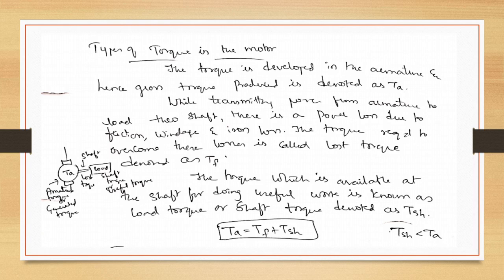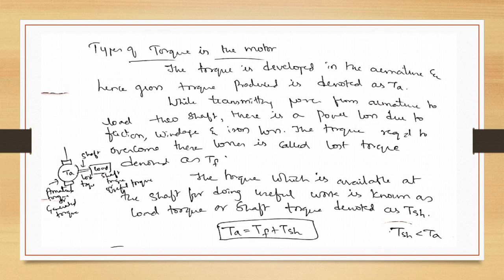Now this armature torque is addition of lost torque and shaft torque, and always this shaft torque is less than armature torque, of course, because some amount of torque is getting lost in between. So the torque which is developed in the armature is called as gross torque, that is denoted as TA, and while transmitting power from armature to load through shaft, there will be some power loss due to iron losses, friction and windage losses, and torque required to overcome these losses is called as lost torque, which is denoted by TF.